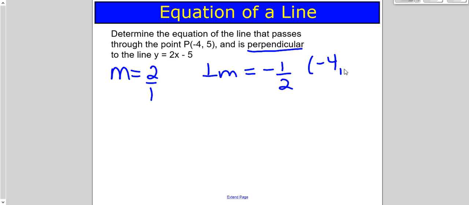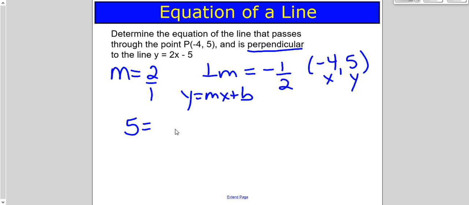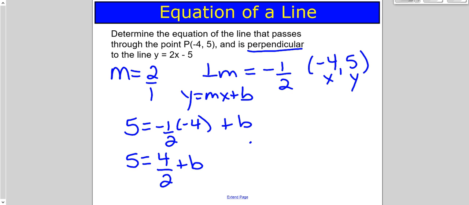And I have this point negative 4 comma 5, which is an x and a y. So let's put all that information back into our y equals mx plus b. 5 is equal to negative 1/2 times negative 4 plus b. 5 is equal to negative 1 times negative 4, which is a positive 4, divided by 2, plus b. 5, whoops, I'm ahead of myself here. 5 is equal to 4 divided by 2, which is 2, and then subtract 2 from each side, and b equals 3.